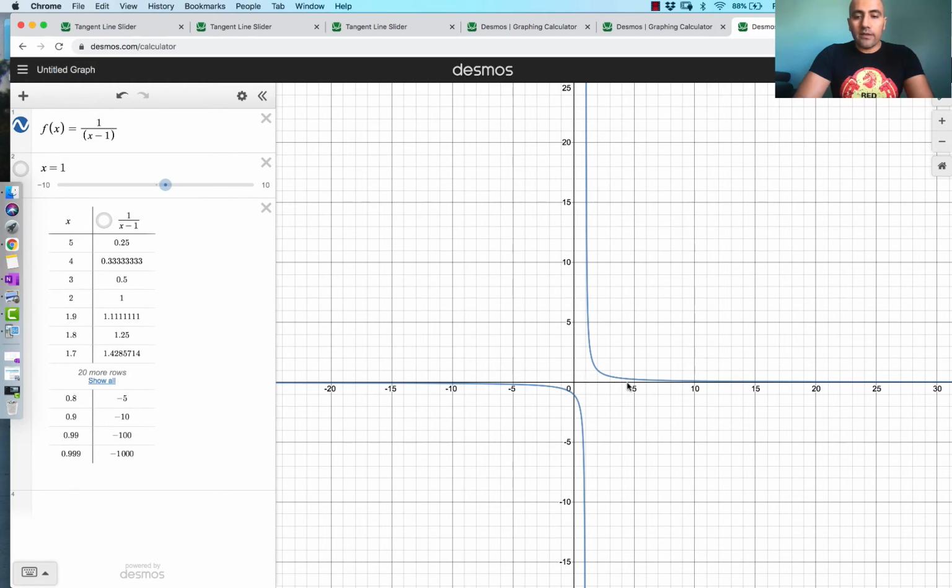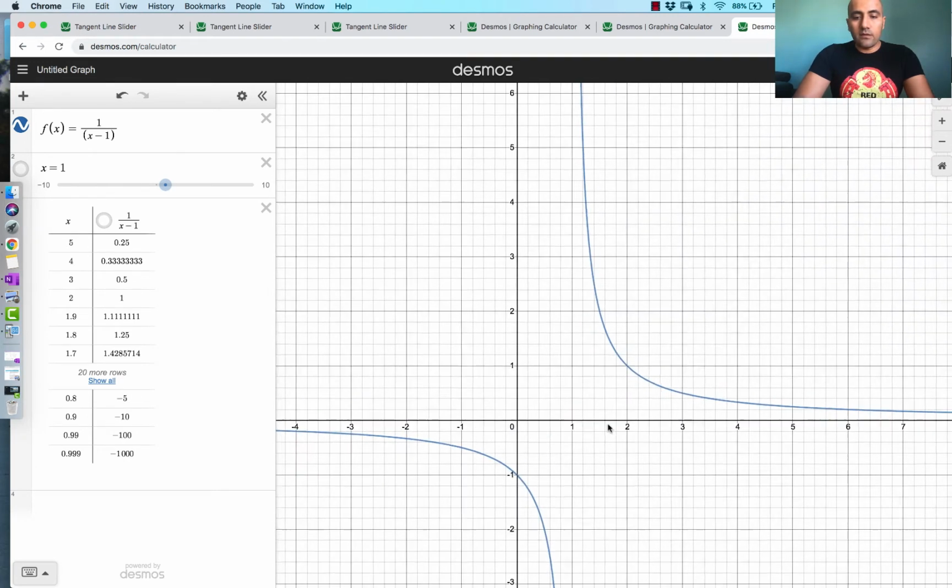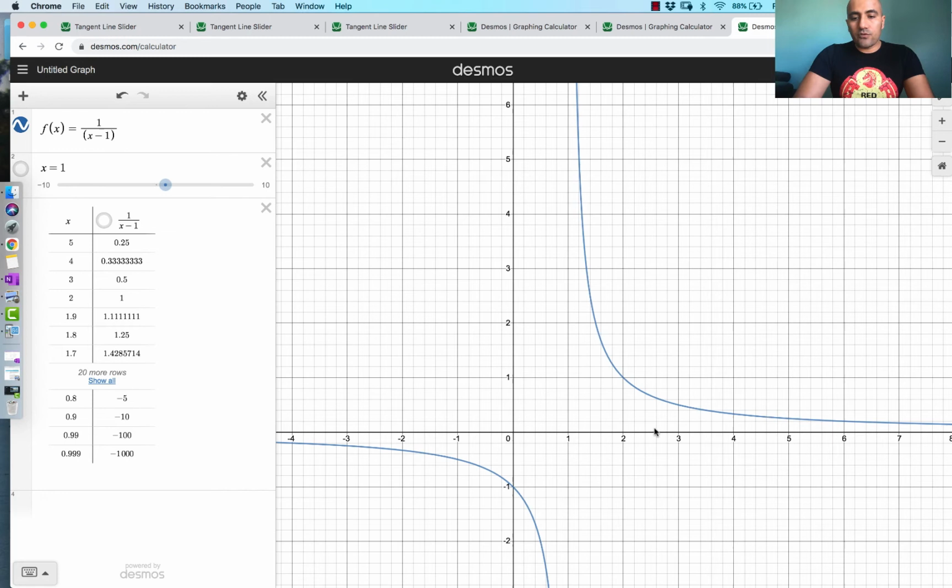Right around 1, as the input values approach 1, let me zoom in actually. As the input values approach 1 from the right-hand side, the output values begin to grow, and they grow out of control toward positive infinity. As the input values are growing toward 1 from the left, we see that the output values begin to grow out of control toward negative infinity.